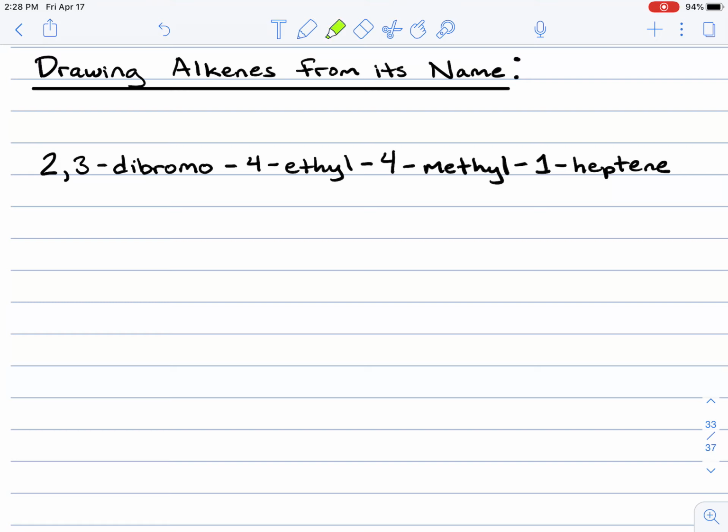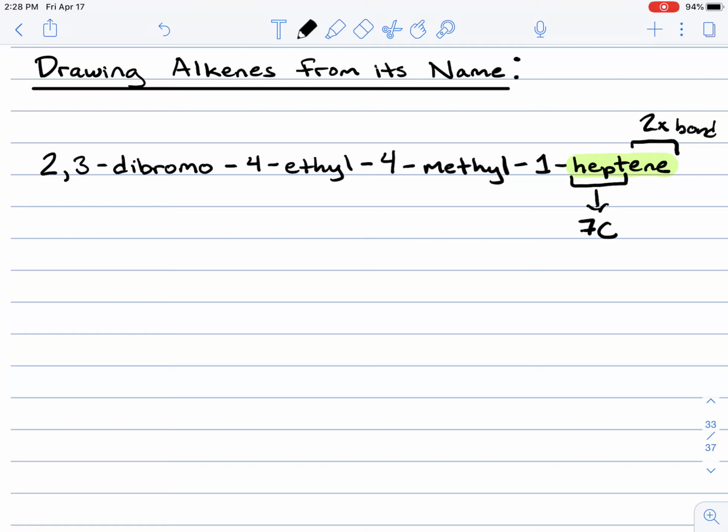Whenever you are drawing any compound from its IUPAC name, you always want to look towards the end, because if you recall, the end represents the parent, the name of the parent chain. Here I see hept, and that's going to prompt me to think about 7 carbons, and this ENE tells me that there's a double bond somewhere.